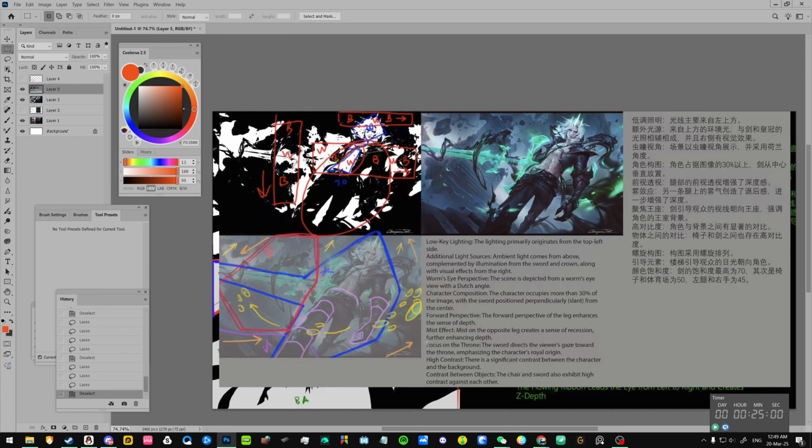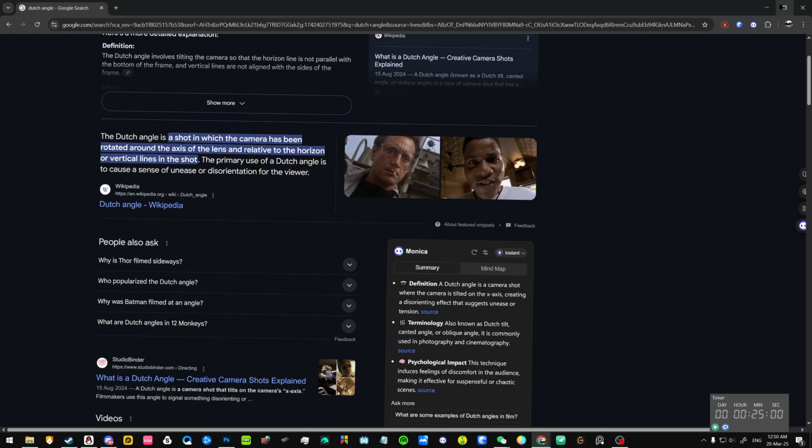Oh, origin story time. So I talk about focus on the throne. The sword directs the viewer's gaze towards the throne, emphasizing his origin, which I think you guys know what it is. How do I better describe?